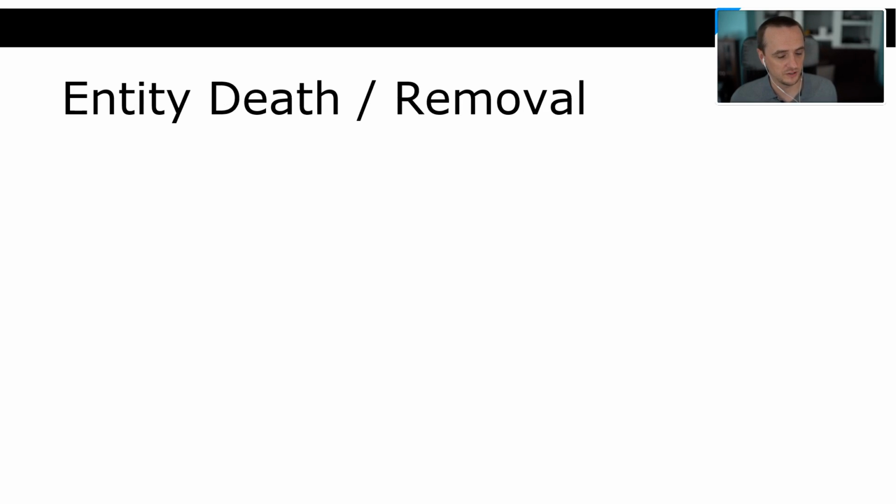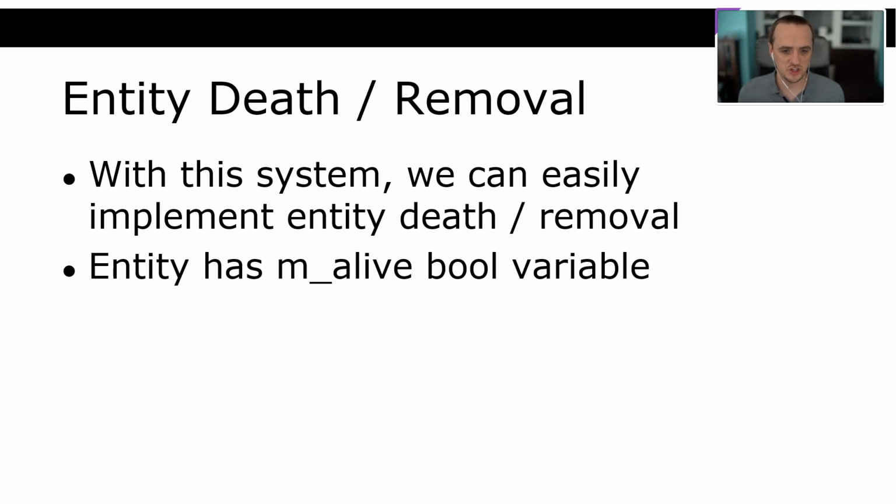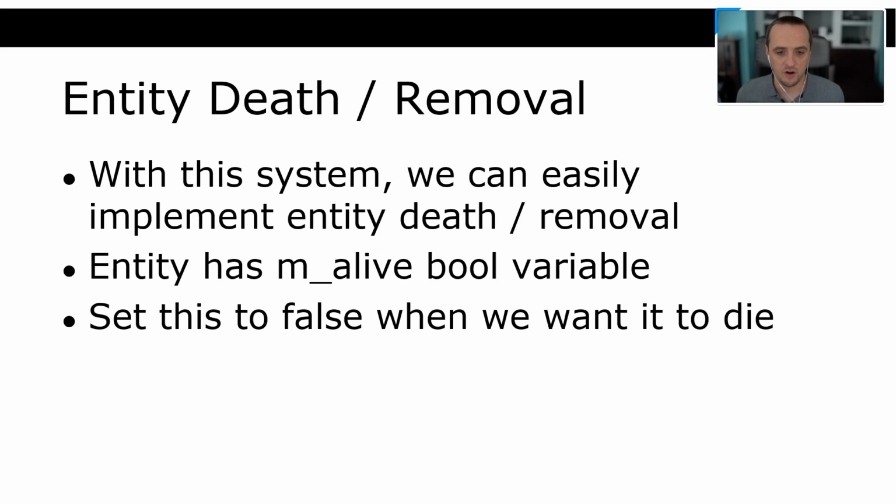Now let's do the opposite thing. Talk about entity death and removal. So with this system of the entity manager, we can also easily implement entity death and removal. So each entity has this m_alive Boolean variable, which just says whether or not it's still alive. And all we have to do whenever we want to delete it is set it to false.